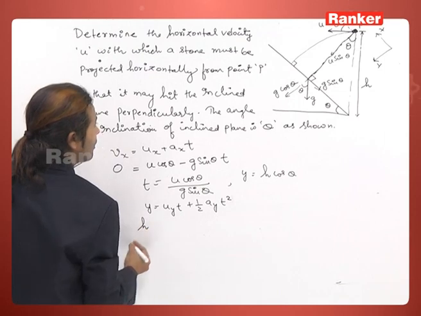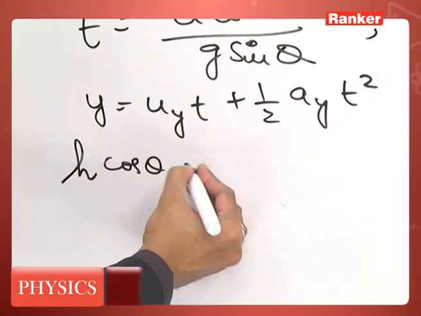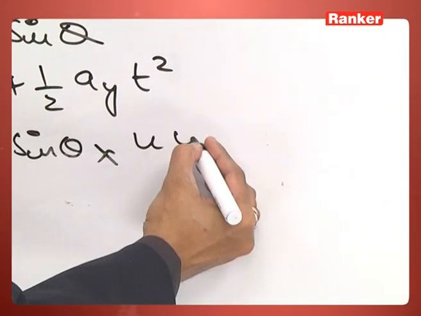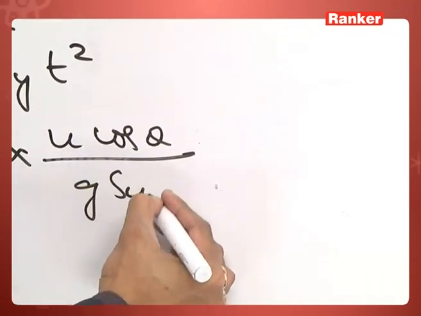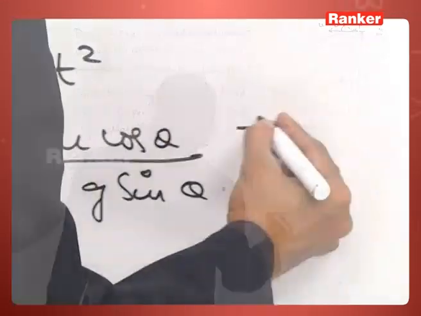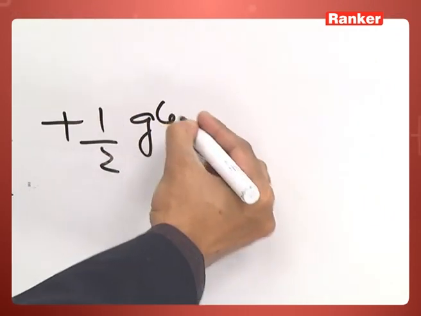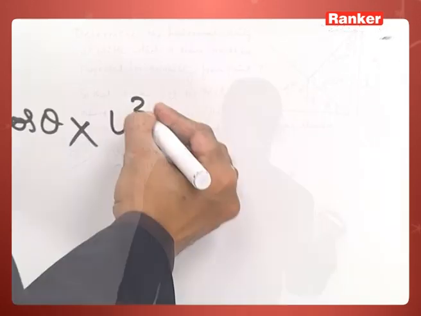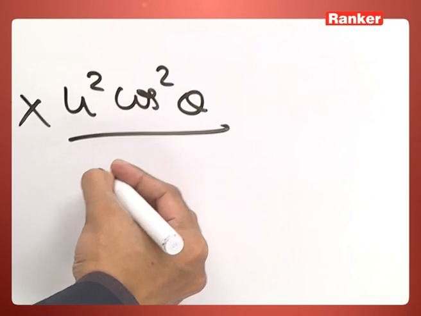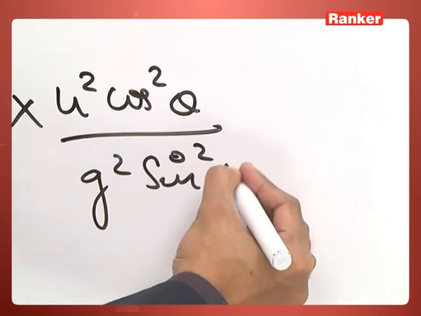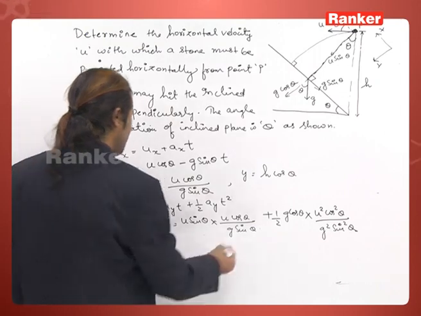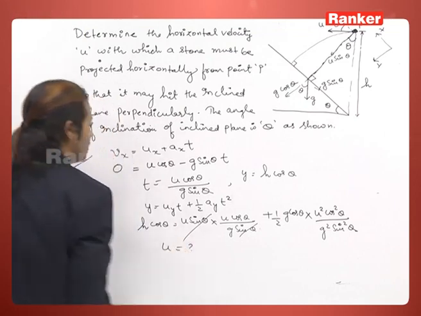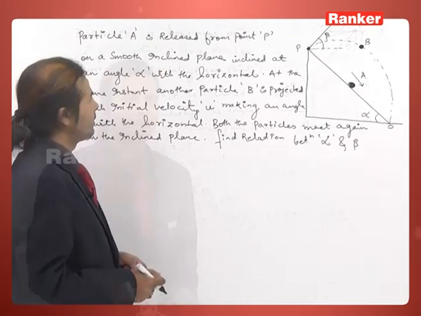So h cos theta, and uy is again in the same direction, u sin theta, into t, which is u cos theta by g sin theta, and ay is again in the same direction, plus half g cos theta into t square, which is u square cos square theta by g square sin square theta. So sin theta cancels. So you can solve for u to find out the value of u.